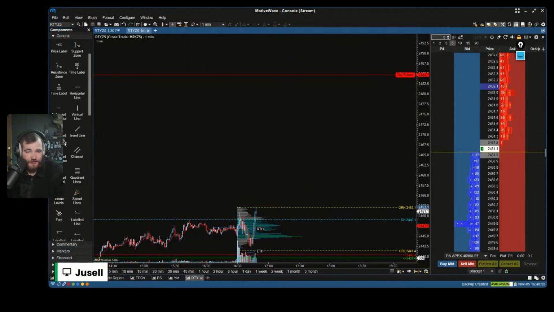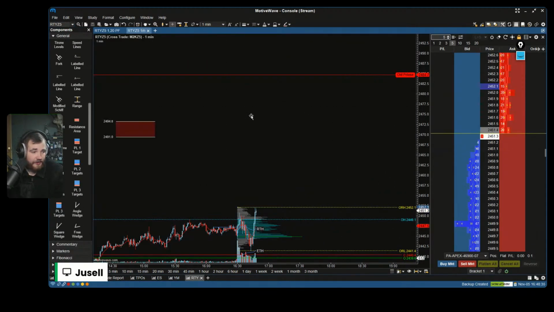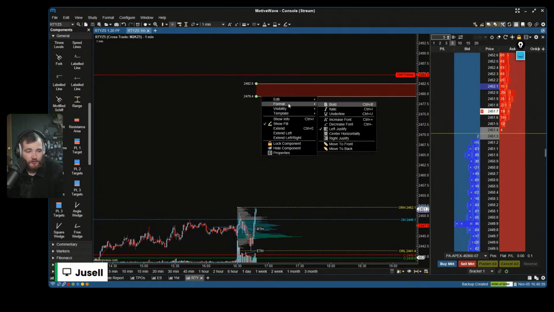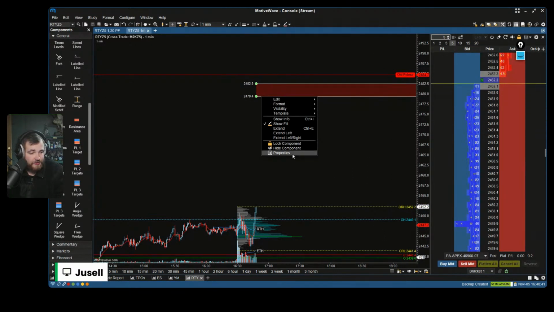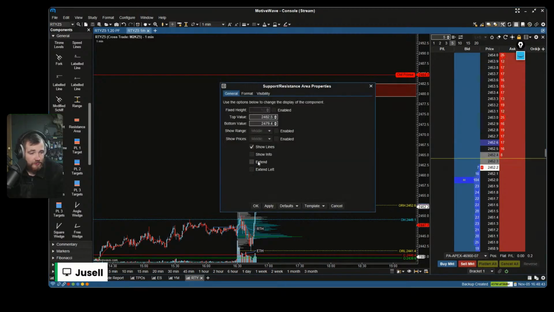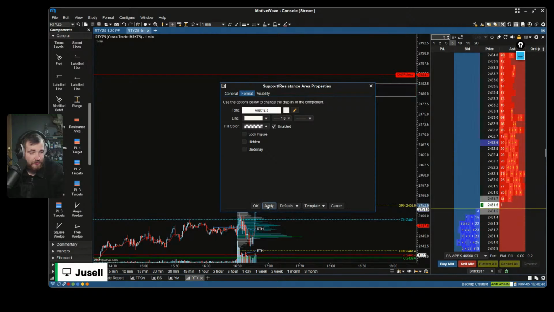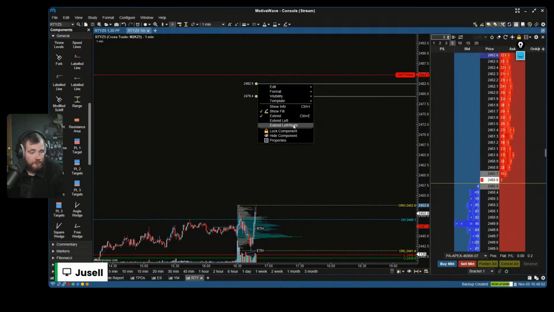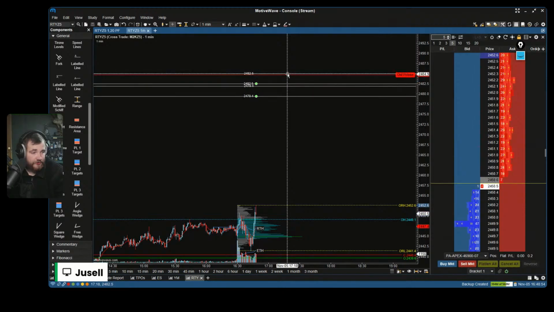We have time here, so we can just draw a level there. Oh, we have to edit this. Properties. Extend. Let's change the color to this as well. And let's do it here.